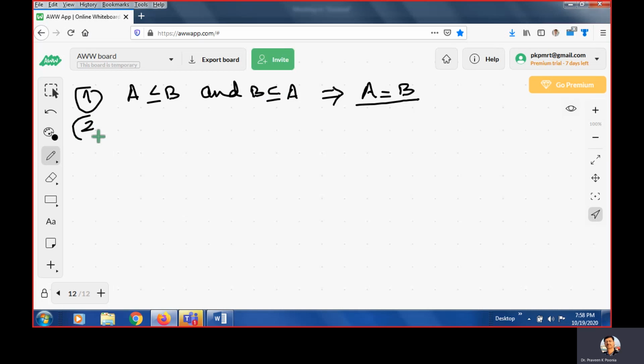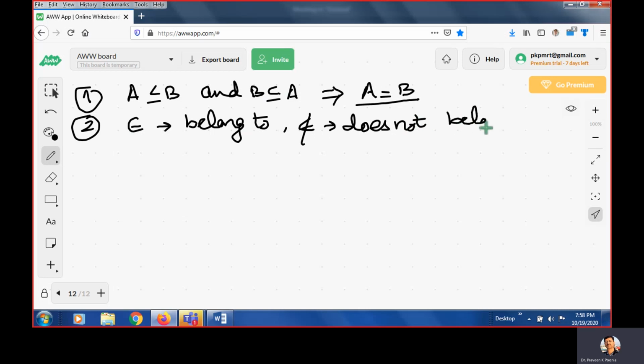Another thing we study here, this is the notation for belongs to. Clear? Remember this. This is very important. Belongs to we studied. And what does this notation mean? This notation means does not belong to. Please remember these things because they will be very useful in the next semester when you study other subjects.